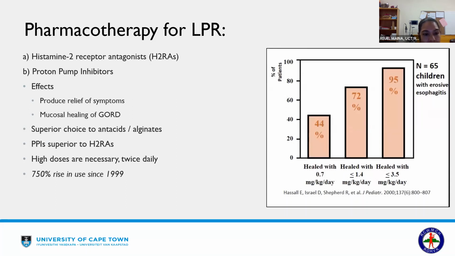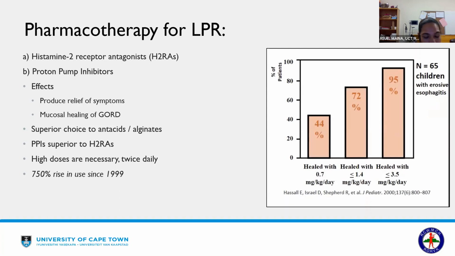It is the superior choice to antacids and alginates. And like I said before, PPIs are superior to histamine 2 receptor antagonists. Higher doses are sometimes necessary for patients with severe or resistant reflux and can be given in twice daily doses.